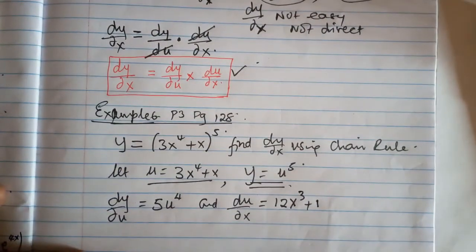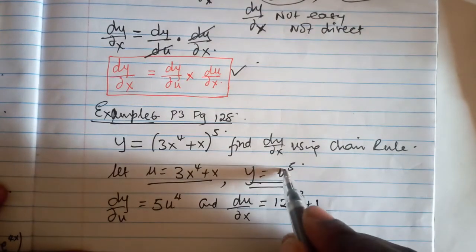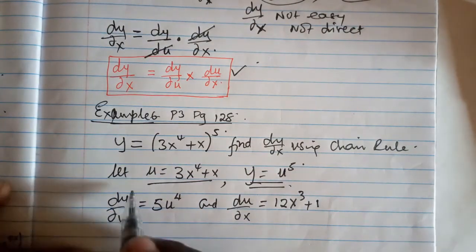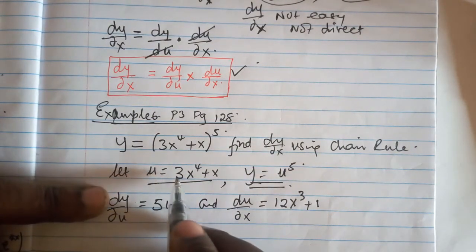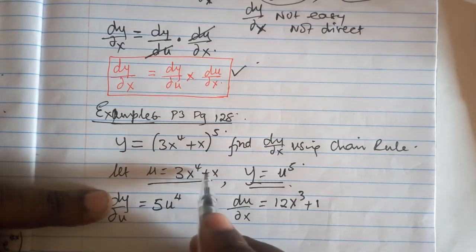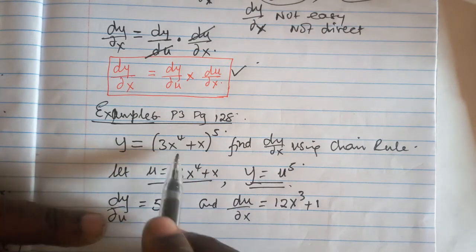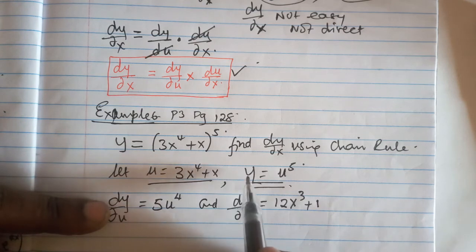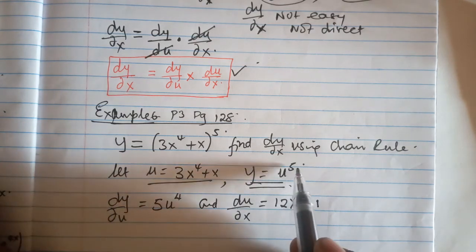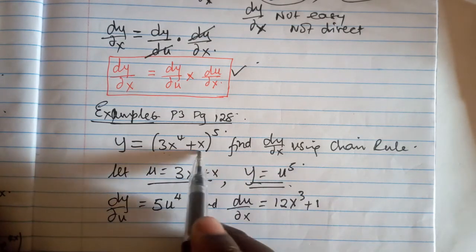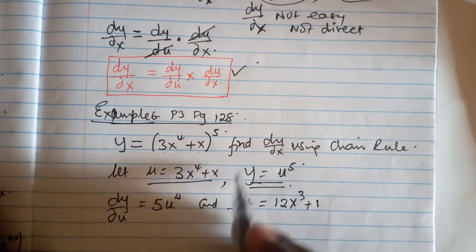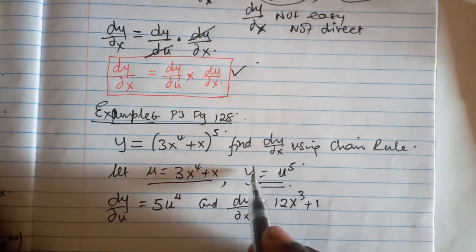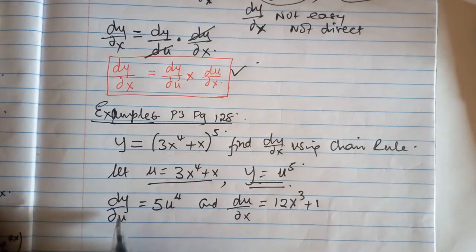Let me repeat that. Now, let u be equal to 3x^4 + x, this part. So the whole of this expression becomes y equals u raised to power 5, because this is now our u. Very easily, if you want to differentiate y with respect to u, dy du is simply 5u raised to power 4.